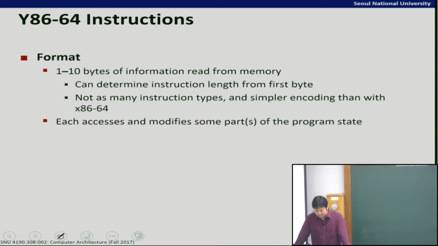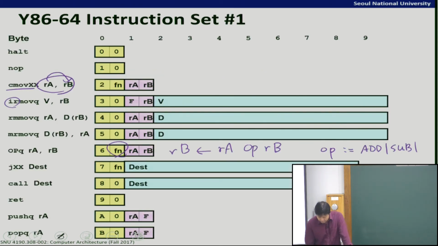It takes 1 to 10 bytes of information read from memory, because, for example, this halt instruction only takes 1 byte, right? And a no operation instruction takes 1 byte too. This one takes 2 bytes, because it takes 1 byte for the opcode, what kind of operation it is, followed by 2 register specifiers, because we need 2 registers here, RA and RB.